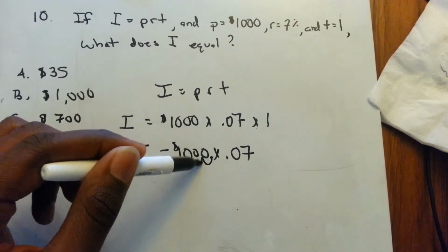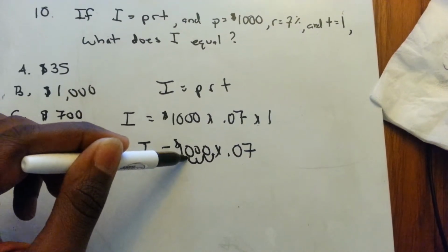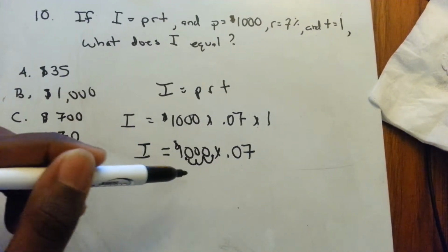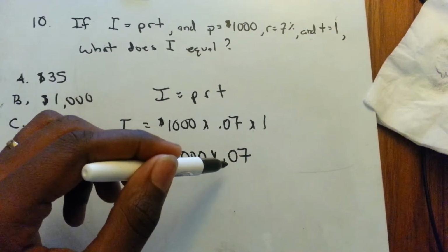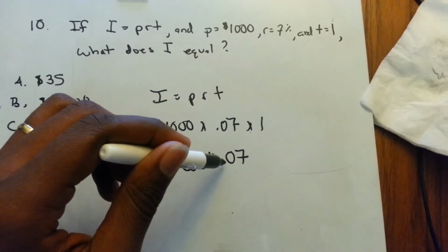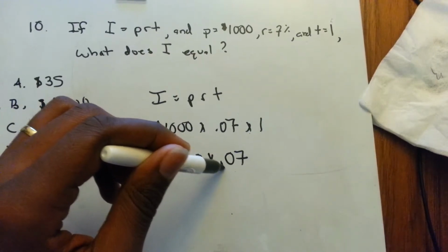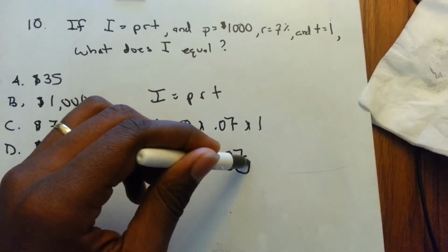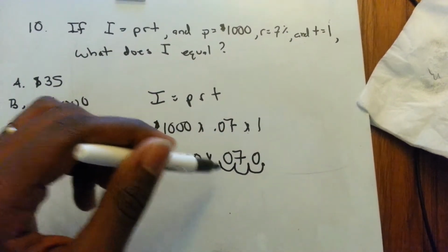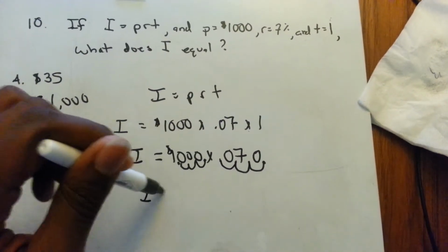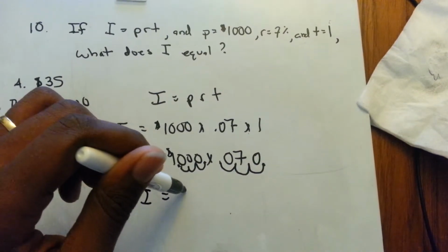You have 1, 2, 3 places to get back to 1. So if you're multiplying 0.07 times 1,000, you just move the decimal point 3 places. 1, 2, 3. You've got to put a 0 here for a placeholder. So I equals $70.